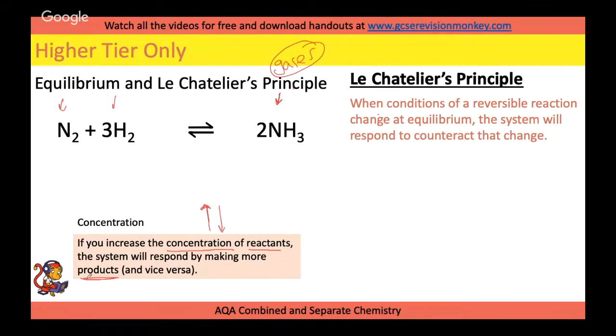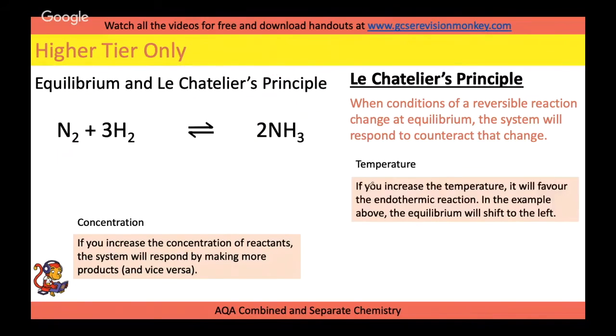And in doing so, it makes more products. So the reactants react together and make more products. So if you increase the concentration of these, more ammonia would be used, for example. The equilibrium would shift to the right, so you produce more ammonia, and that would counteract that change because then the concentration of the reactants would go down again.